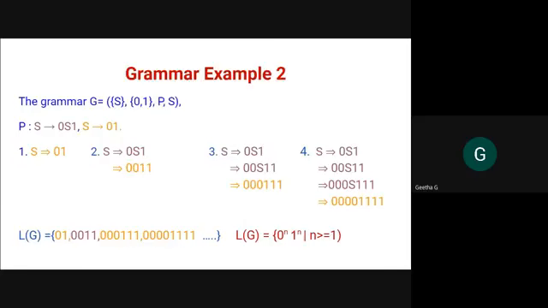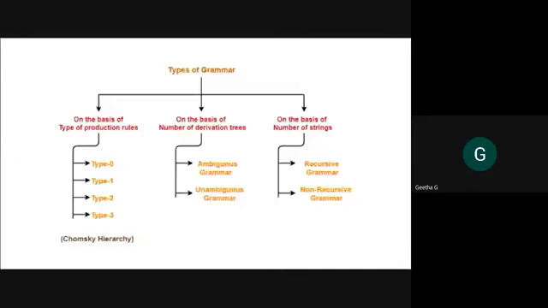Okay, now you clearly understand how we generate a language from a given grammar, and how production rules are important to that. Based on that, we have a classification. You know what a grammar is? Grammar is defined as non-terminals, terminals, production rules, and a start symbol. On the basis of the type of production rules, you have type 0, type 1, type 2, type 3.